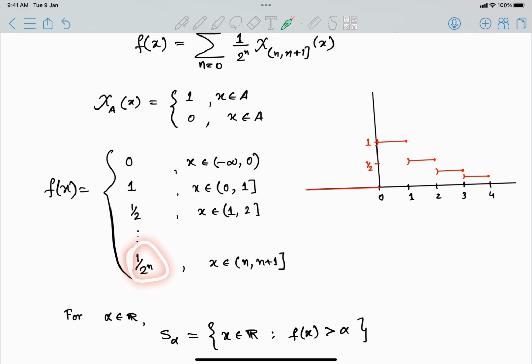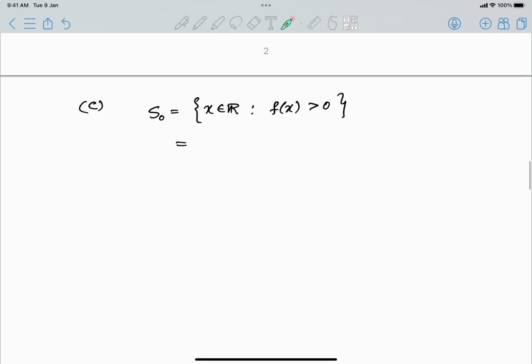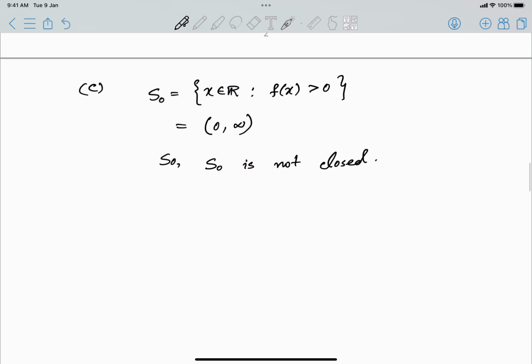Because it is of the form 1 by 2 to the power n. So all such points from open 0 to infinity will be there. So this set will be open 0 to infinity, so S0 is not closed, because this is an open interval.